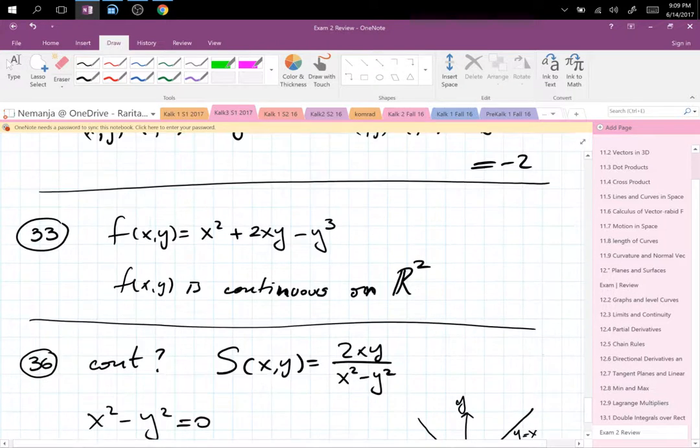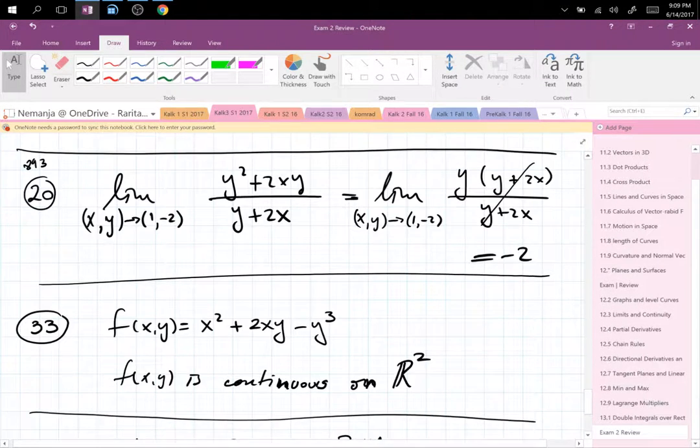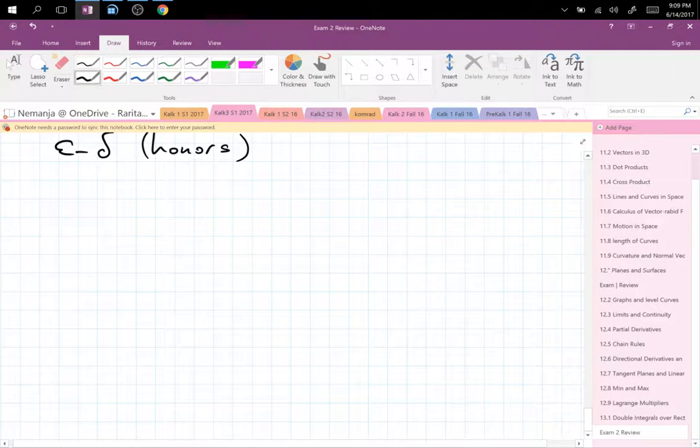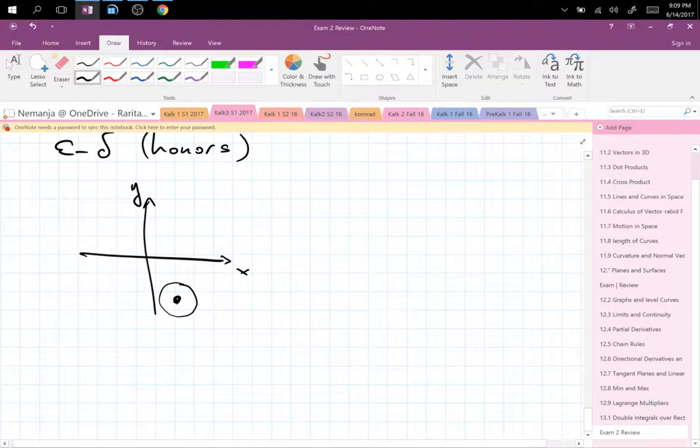So earlier, we were looking at the limit at the point 1 and negative 2. So if I have the domain xy and I have 1 and negative 2, you are going to have a disk with a radius delta, which builds up a tube.